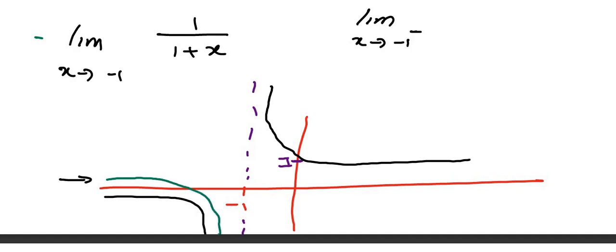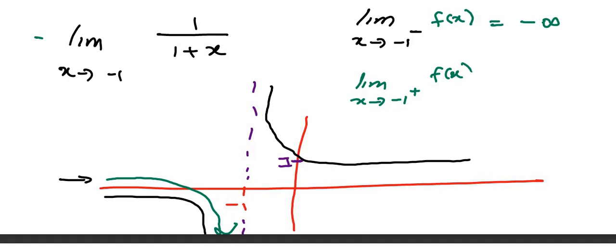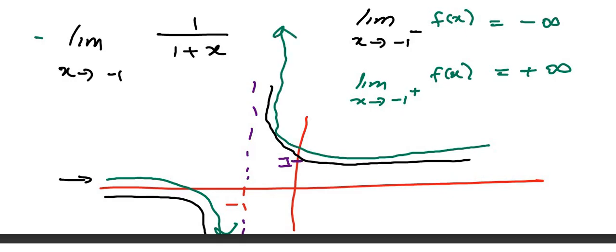It goes down to -infinity. So as you approach from the negative side, you go down. Then if you approach -1 from the positive side, you simply go to the positive side. It blows up. Coming from this side, where does the bus go? It goes continuously up, which is to +infinity.